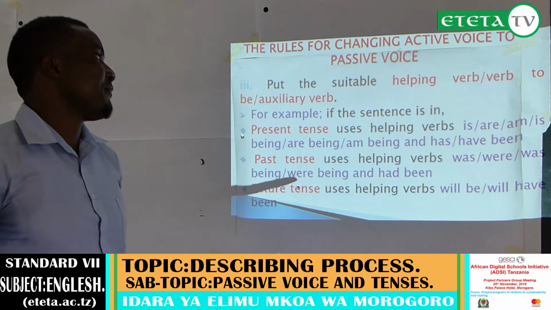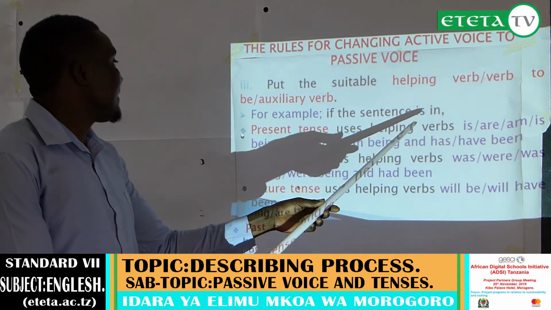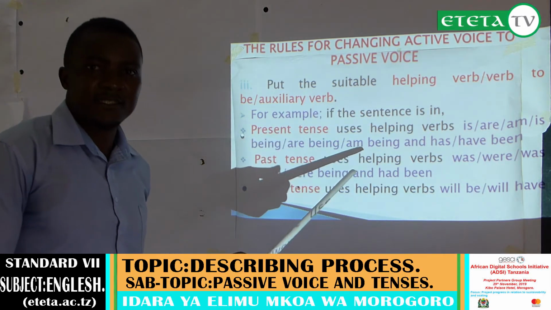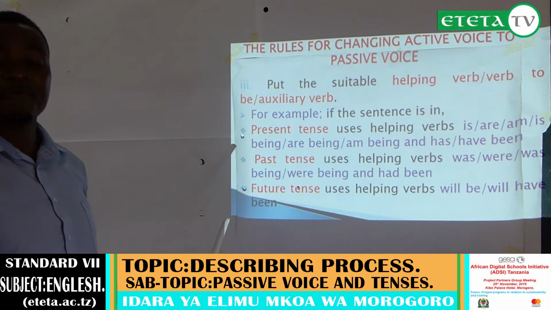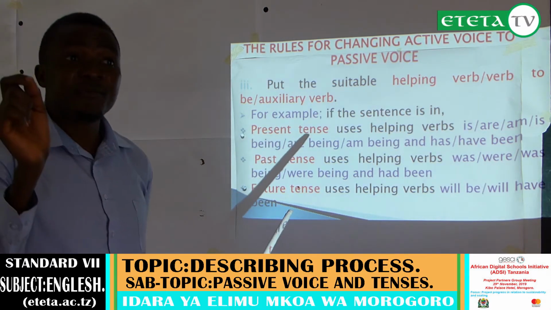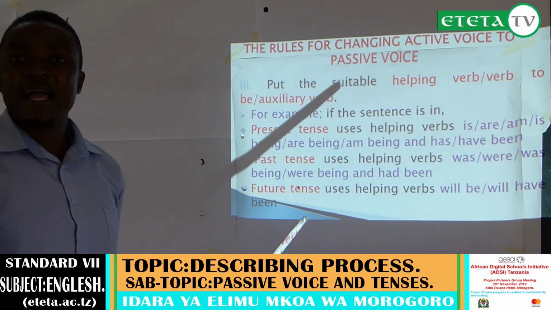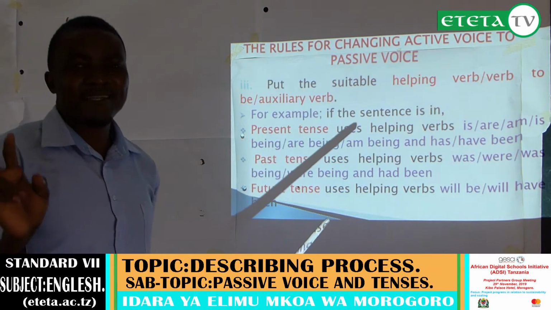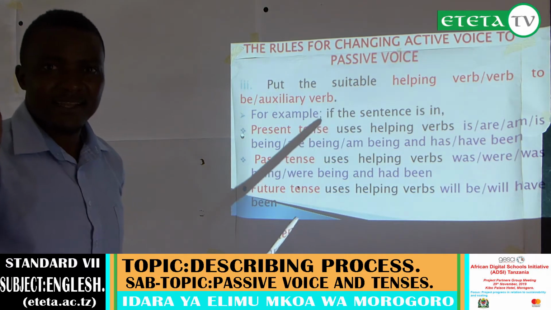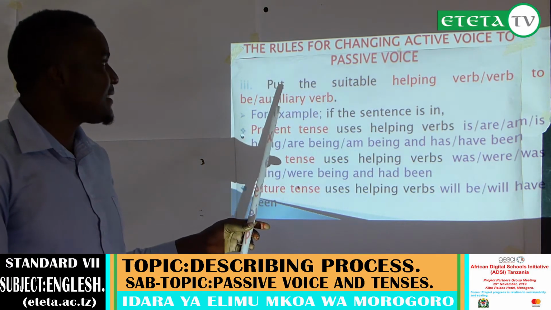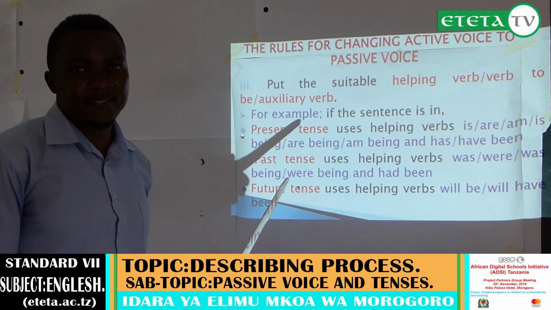Yes, for example, if the sentence is in present tense, but remember, the present tense is divided into 4 main classes, but we are just dealing with 3 types of each main type of the tenses.